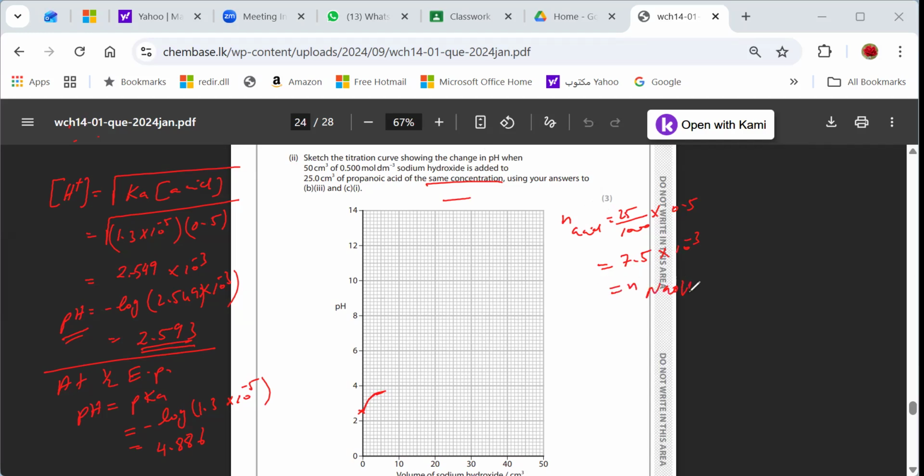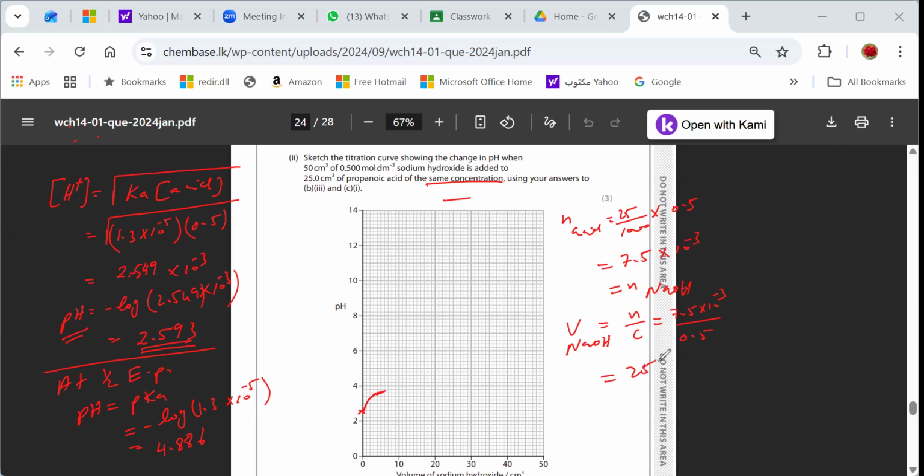So the volume of sodium hydroxide required to neutralize the acid will be the number of moles, 7.5 times 10 to the power minus 3, over the concentration, which is 0.5.